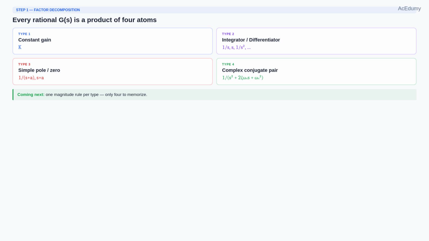Type 4, a complex conjugate pair, written as a quadratic s squared plus 2 zeta omega n s plus omega n squared in the denominator or numerator. Every transfer function in classical control is a product of these 4 types. Once we know the magnitude rule for each type, and there are only 4, we can sketch any Bode magnitude plot in seconds.